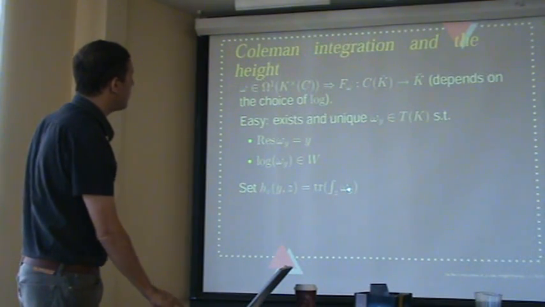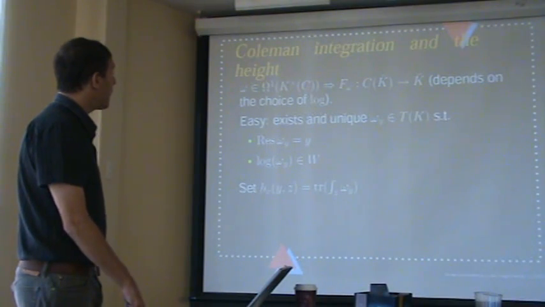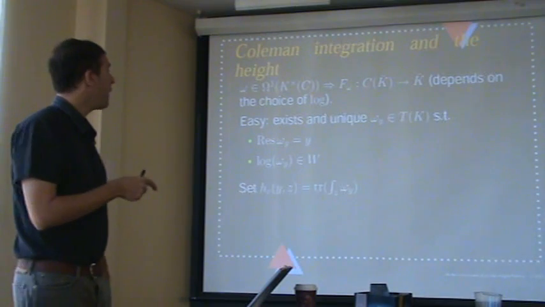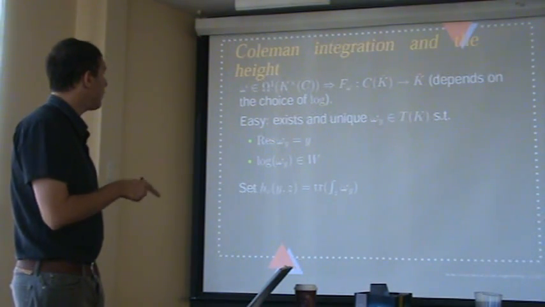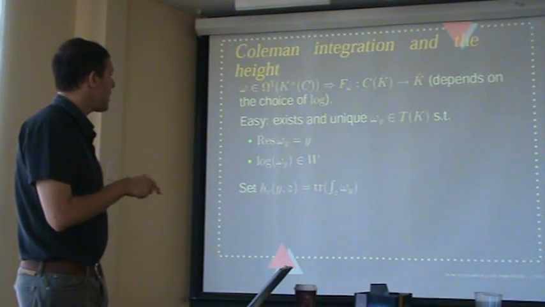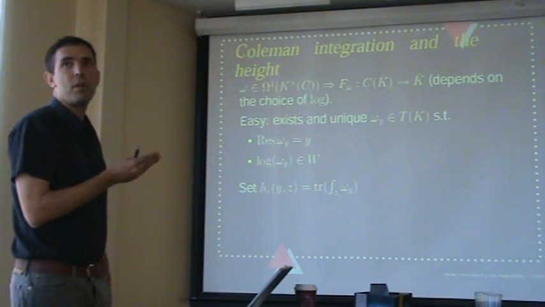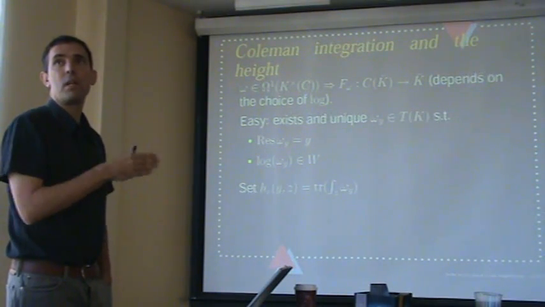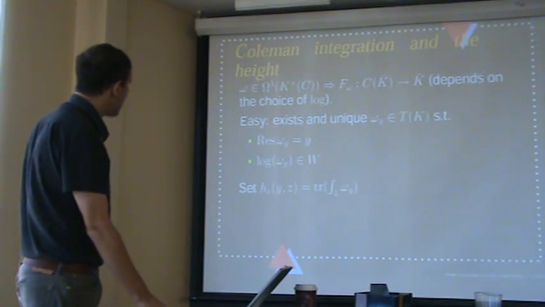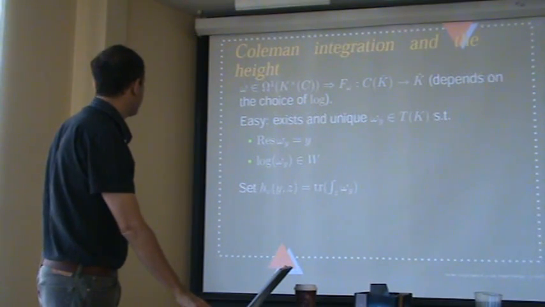Remember that this is only defined up to a constant, but I can evaluate this function on a divisor. If I want to evaluate it on the divisor sum n_i x_i, I just sum n_i f(x_i). If the divisor is a zero divisor, the constant of integration doesn't matter because it falls off when you sum over all the points.